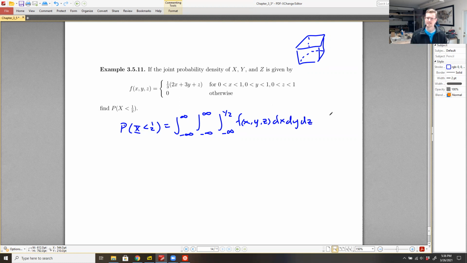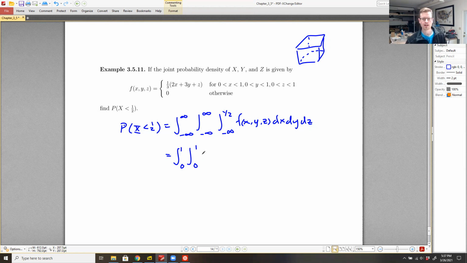And in this case, I don't have to worry about a majority of this very large region, because the function is 0 outside of the unit cube. So in terms of z, I only need to integrate from 0 to 1. In terms of y, I only need to integrate from 0 to 1 because it's 0 outside of that.